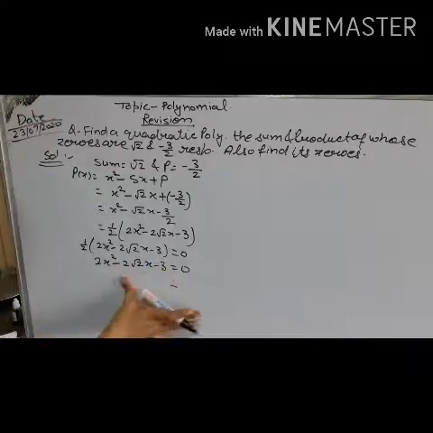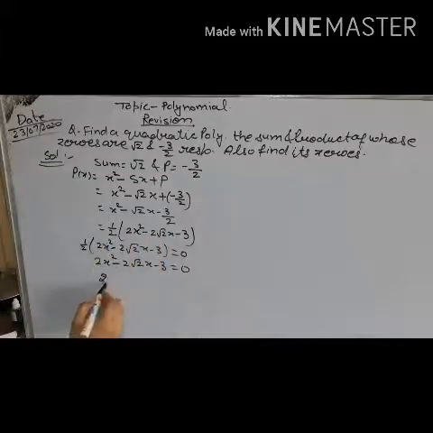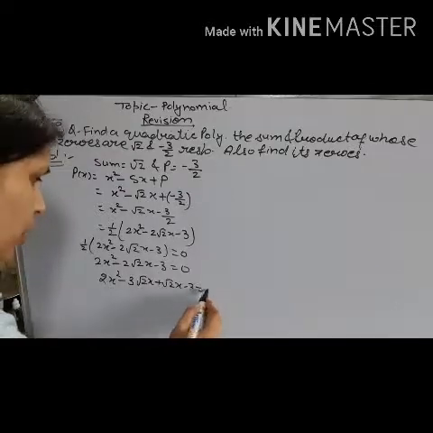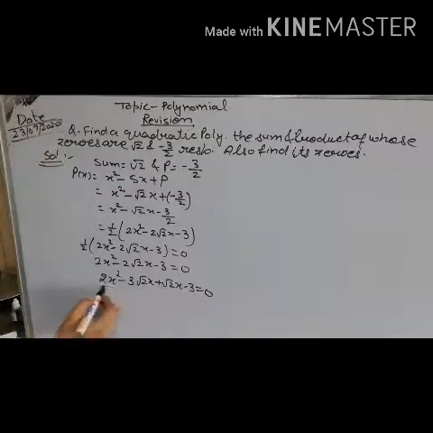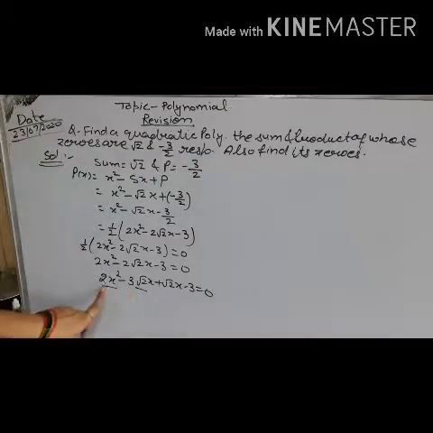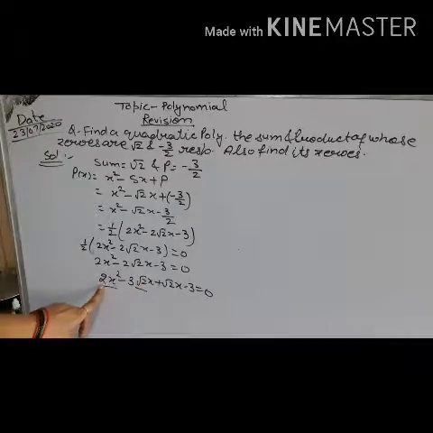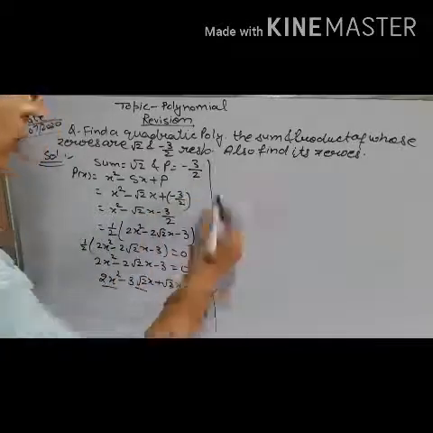So we can write this term as 2x square minus 3 times root 2x plus root 2x minus 3 equal to 0. Now from the first and second term, which value is common? 2 is present here and this value is root 2. And we know how we can write 2: 2 as root 2 into root 2.